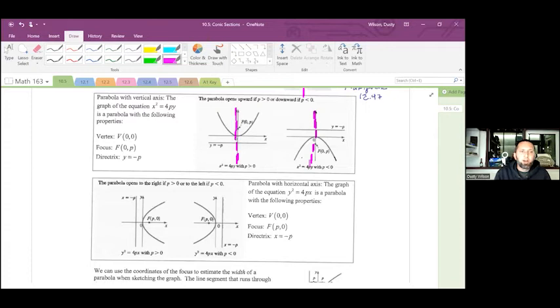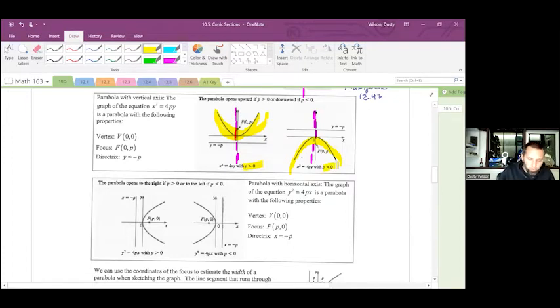It's a parabola with the following properties. It has a vertex at (0, 0), a focus at (0, p), and a directrix at y equals negative p. So you can see the smiley version here. You can see the frowny version. Smiley versions where p is greater than 0, the frowny versions where p is less than 0.